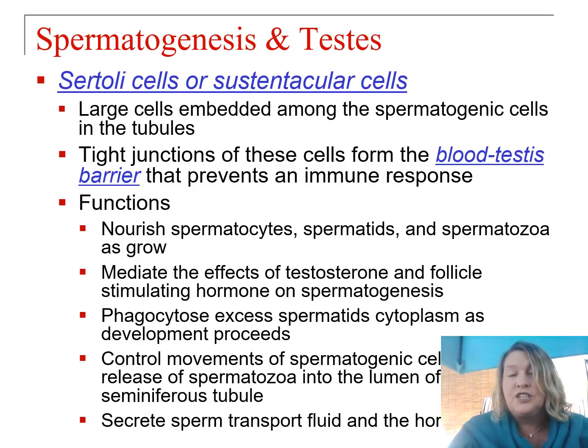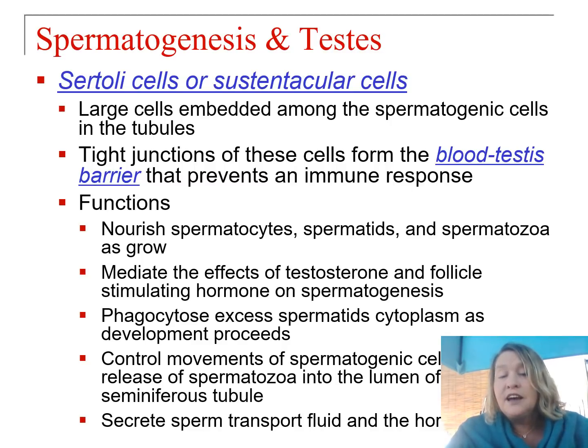So a couple functions: nourishment of the spermatocytes, spermatids, and spermatozoa as they grow. They mediate the effects of testosterone as well as FSH on spermatogenesis, and again, we'll discuss that in a little more detail.